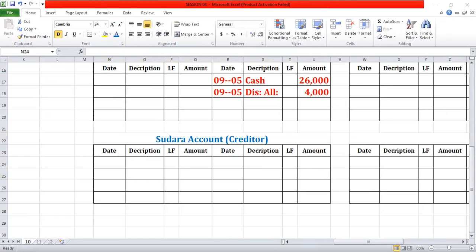We have paid in cash. Sudara's account debit 13,000. On 13th of May, on the same day, we have received a discount. Discount received, it is debited to Sudara's personal account, 7,000. This is how you record the payment and the received discount in Sudara's personal account.